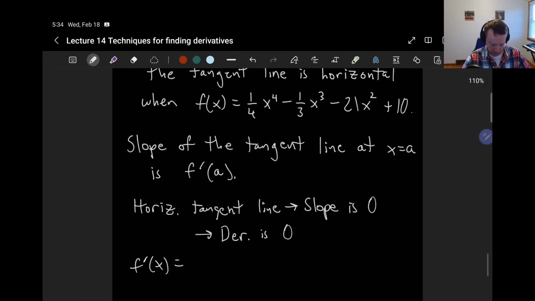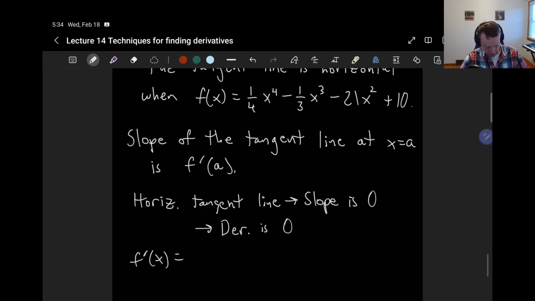Need to zoom out a little bit so we can see that f of x there. So we get 4 times 1/4 times x cubed. That works out pretty nice. Bring the 3 down, times 1/3.